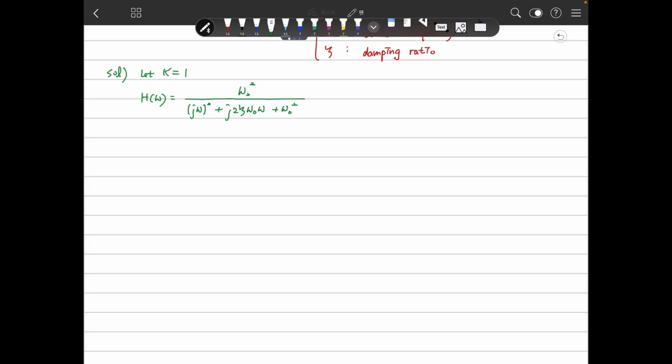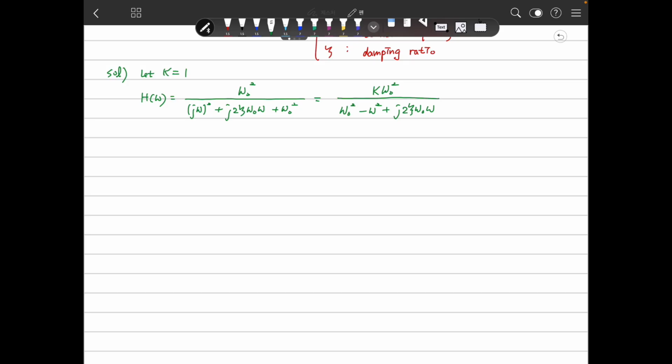Because j square is minus 1, we present it in this manner: omega 0 square over omega 0 square minus omega square plus j2 zeta omega 0 omega. So here we will represent this H in the Bode plot, and first we will discuss only the magnitude of that.